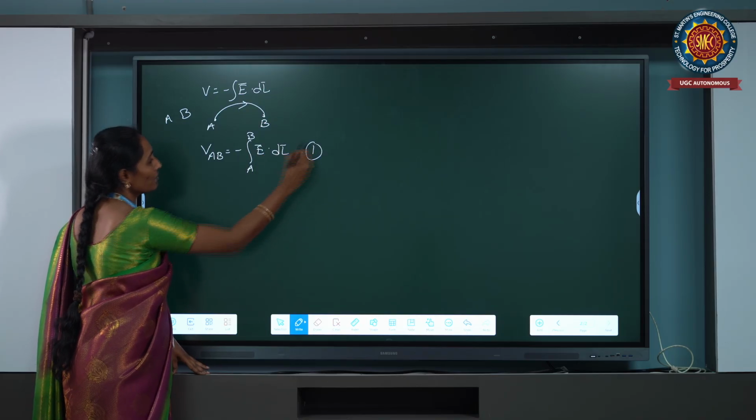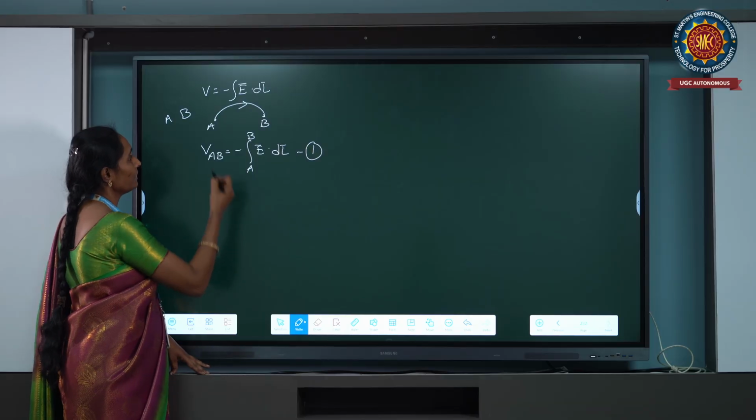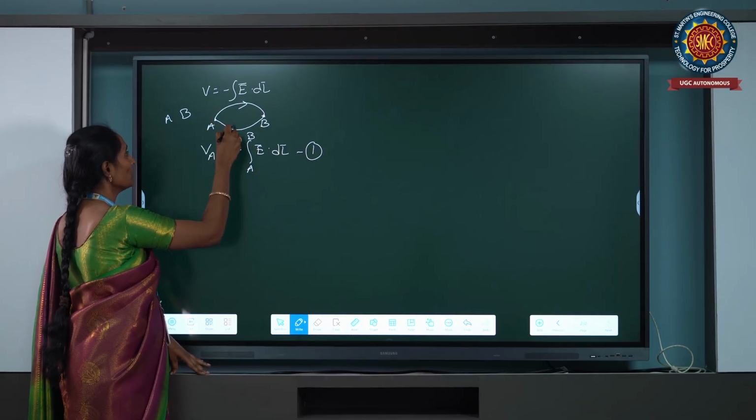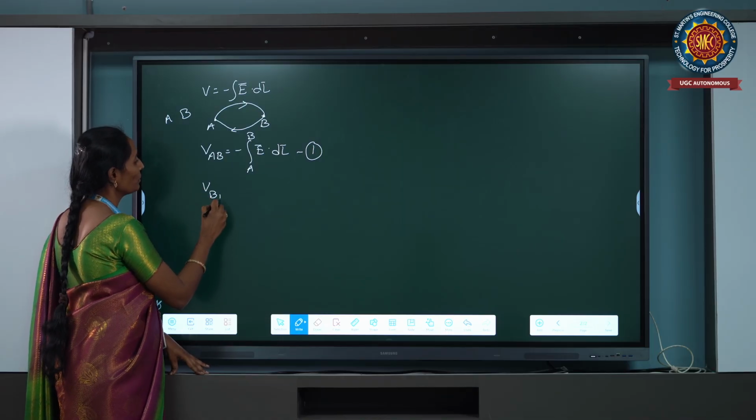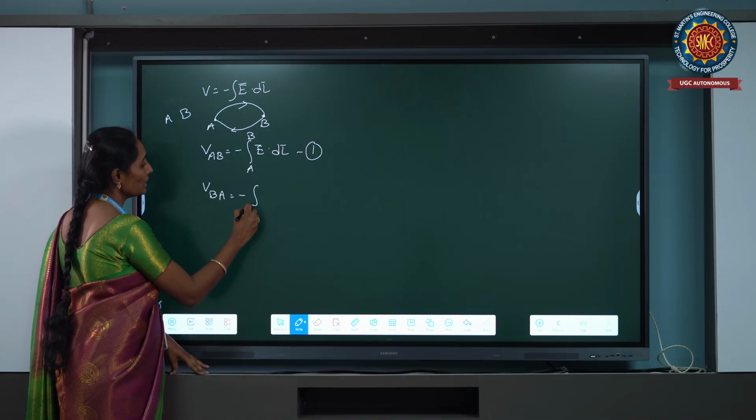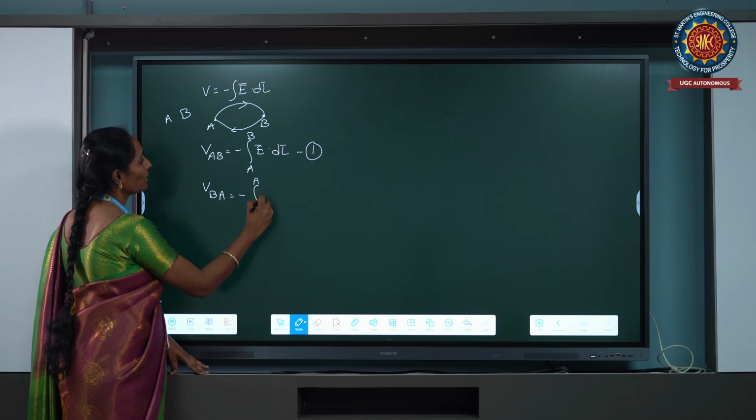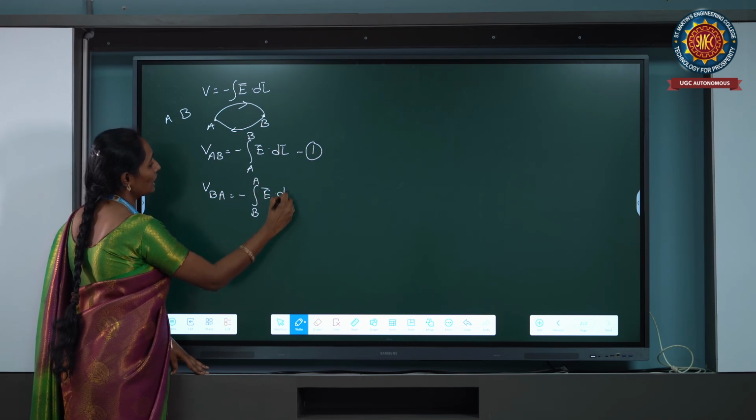So this is the first equation. If the charge particle is moving from B to A, the potential V BA is equal to minus integration from B to A of E bar dot dl bar.